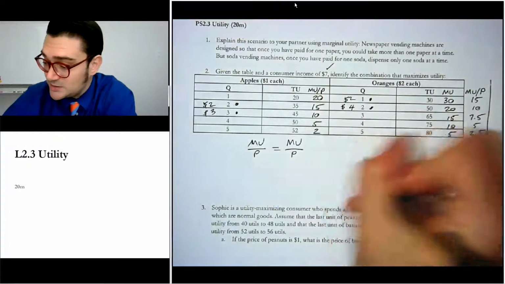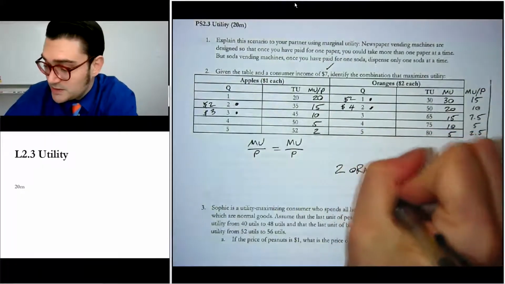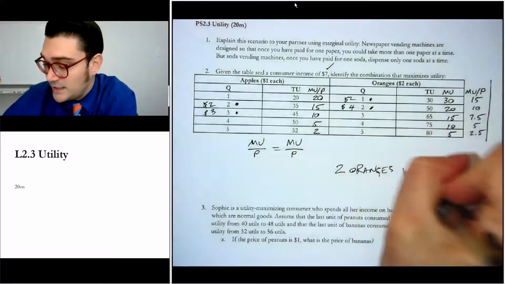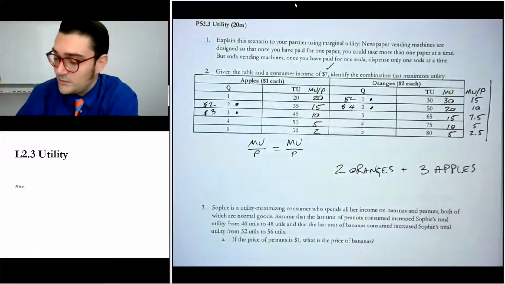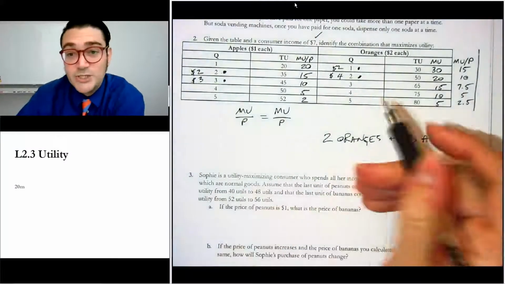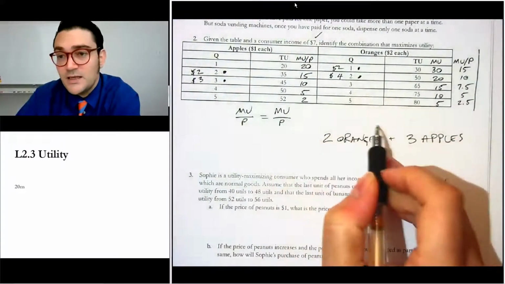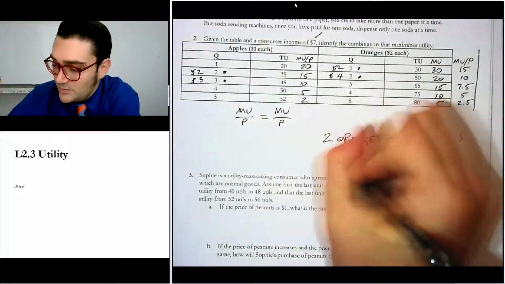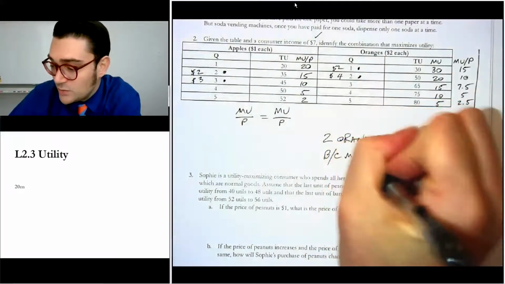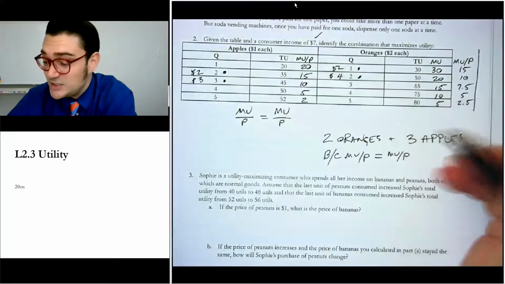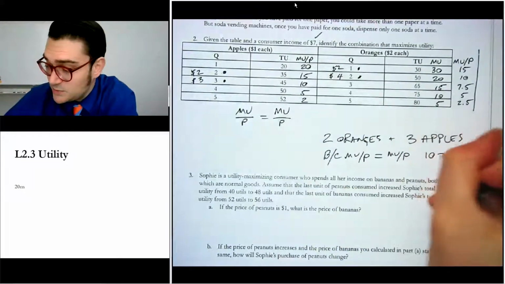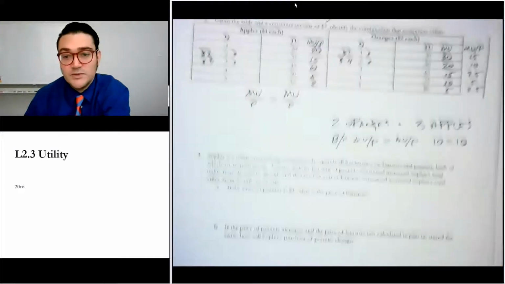So the correct answer is 2 oranges and 3 apples. Okay, and in the explanation, we aren't really asked for that. The explanation can be because MU over P is equal to MU over P, and we can actually just say it's 10 is equal to 10, because that's what those values are.